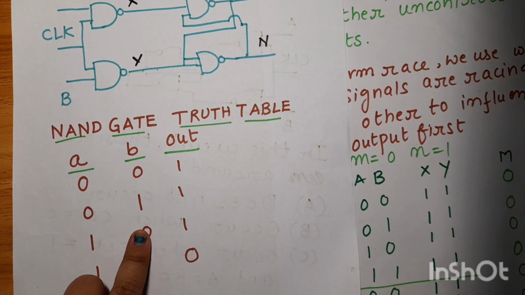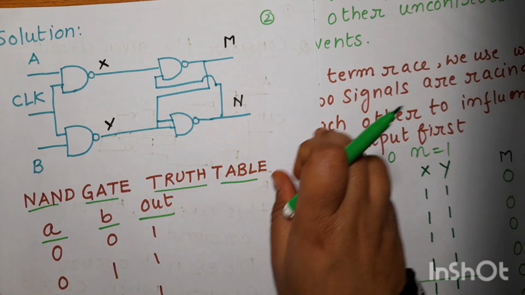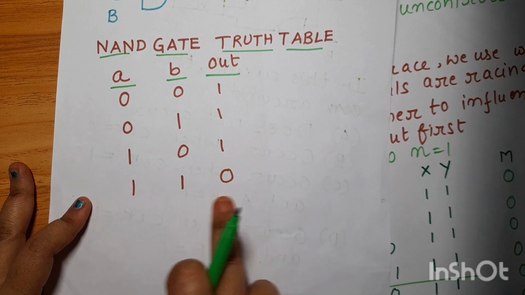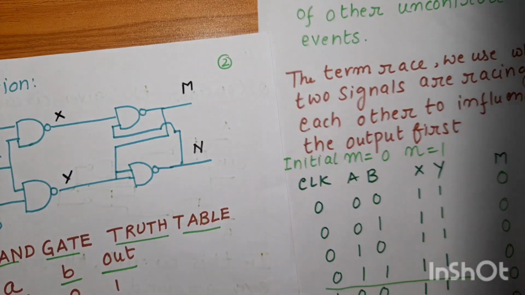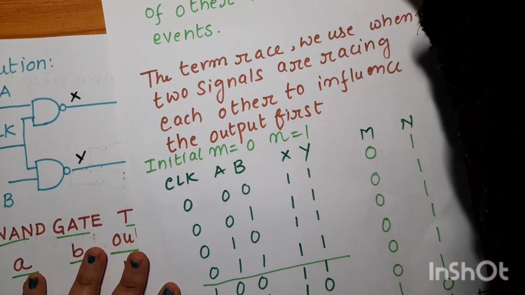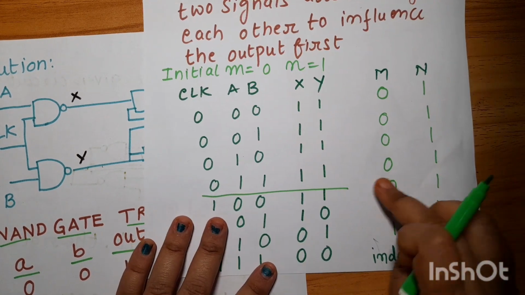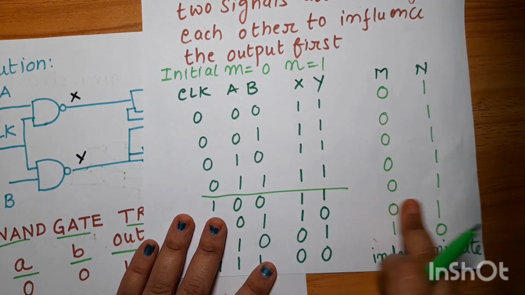From the NAND gate truth table, it is 1. So N is 1. So 1, 1. From the NAND gate truth table, 1, 1 gives 0. So M is 0. So it would retain the initial value 0, 1. So till this point, when X and Y is 1, 1, it would retain the old value. Whatever the initial value of M and N used to be, it would retain it.